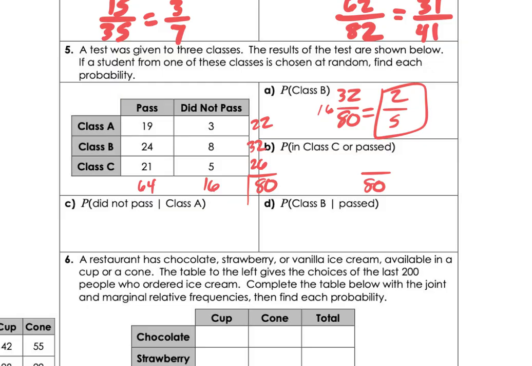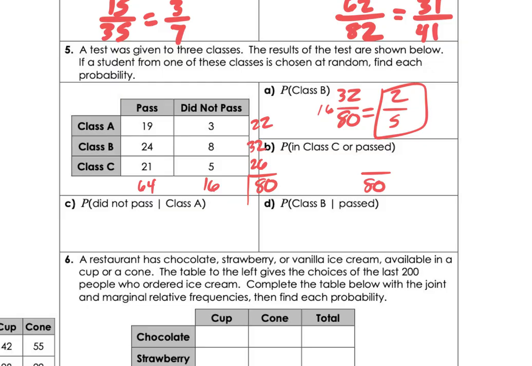And why I say this is a little bit tricky, we don't want to count the 21 twice. We've already counted the 21 when I added up the 26 here. So we had 26 people that were in Class C, and then we're going to add 19 and 24 to that because they also passed. So all they have to do is fit into this category or this category, okay?